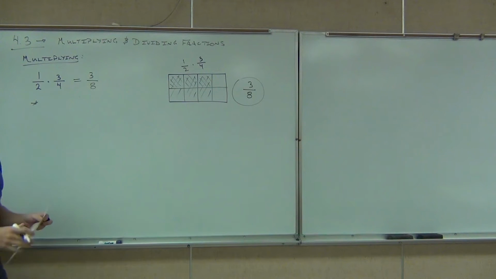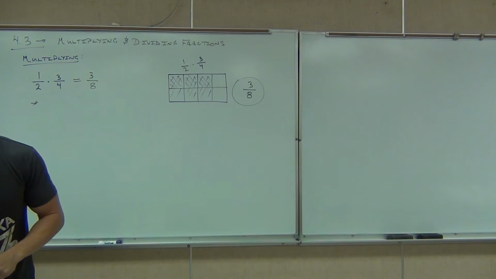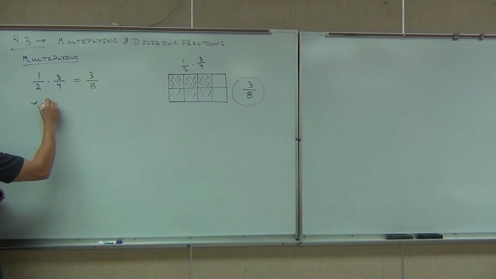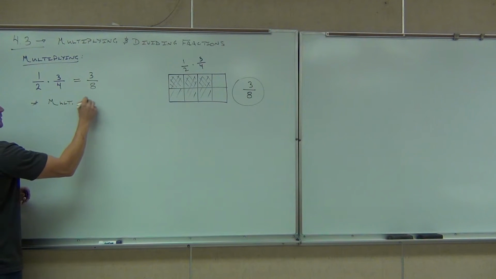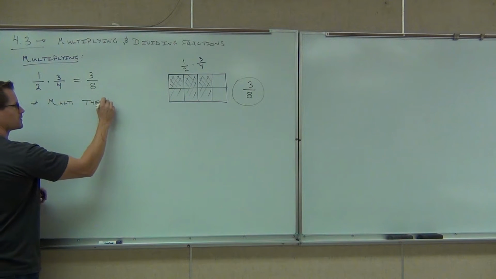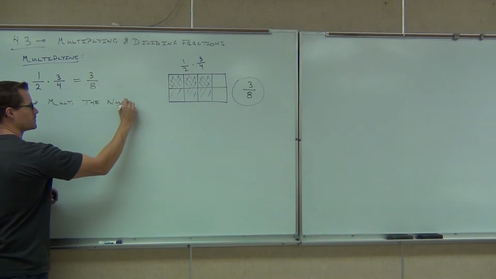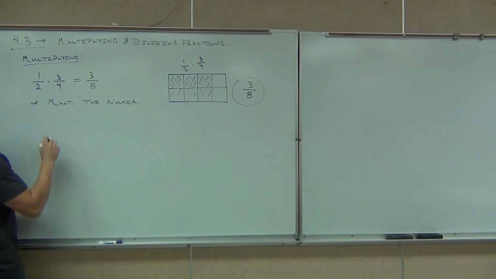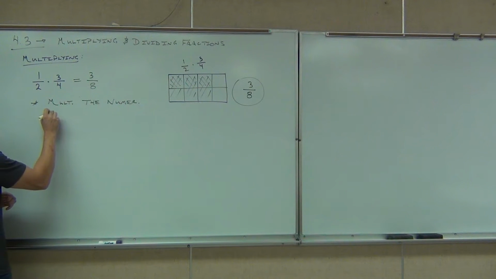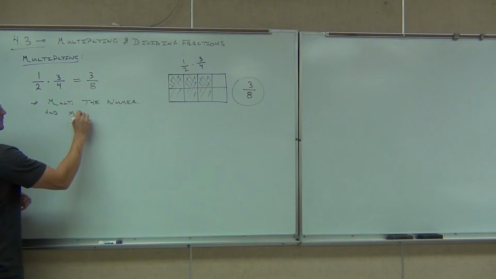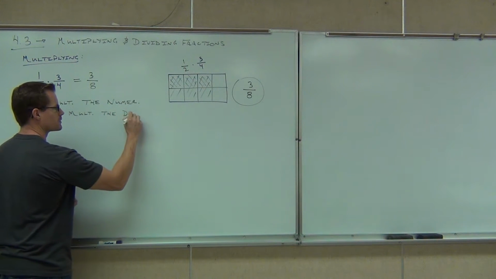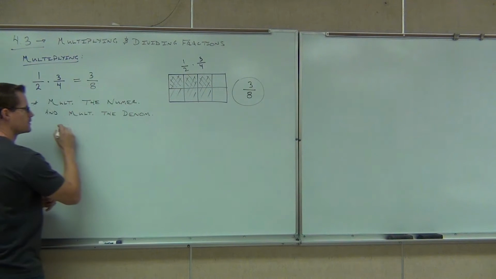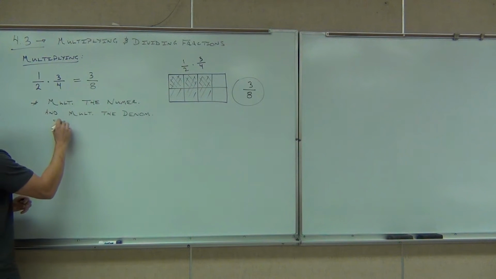And what we do is we multiply the numerators and multiply the denominators. We go straight across.